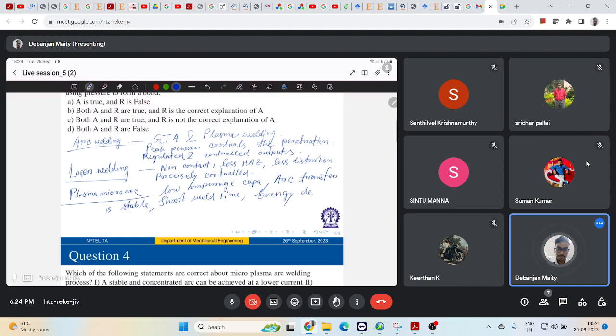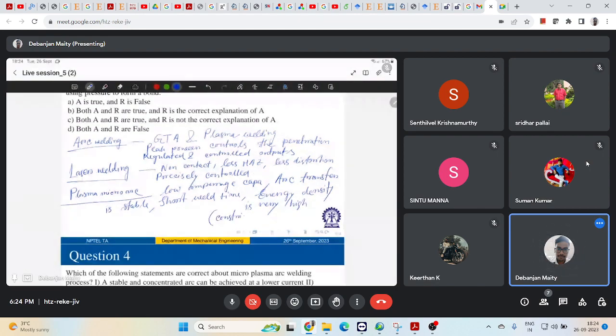Here also your heat affected zone will be less, because the arc is constricted over a narrow region, right?